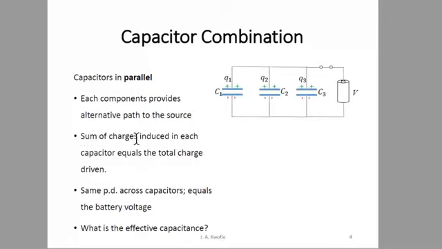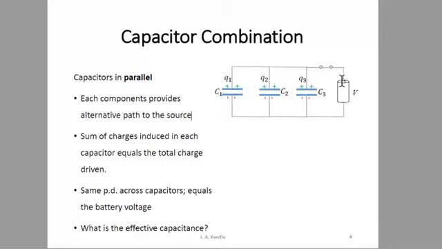Some important features of parallel connection. The sum of the charges induced in each capacitor equals the total charge driven. So the cell here is driving a certain amount of charge, and the charge will be shared among the capacitors, unlike the series connection where the same charge is induced on each capacitor.